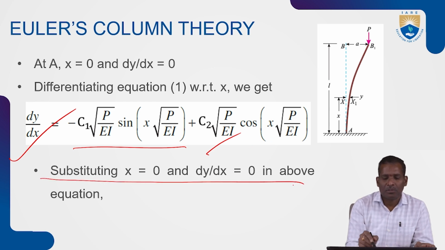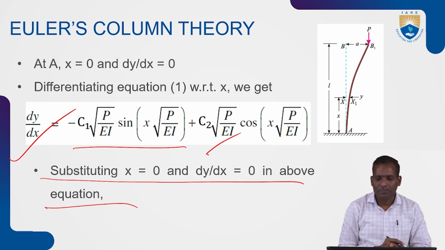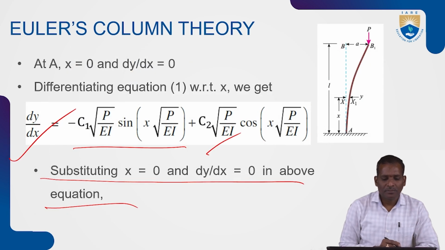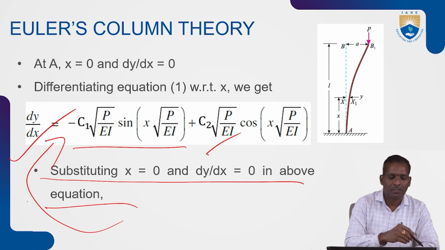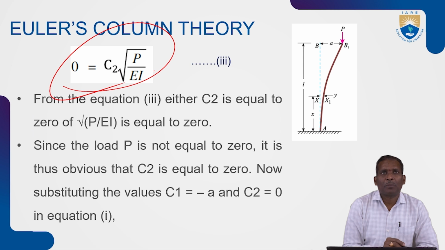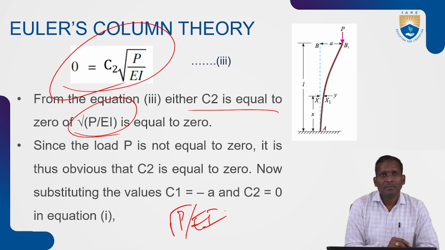Substituting x equal to 0 and dy/dx equal to 0 in this equation, after simplification you get C2 square root of P by EI is equal to 0.